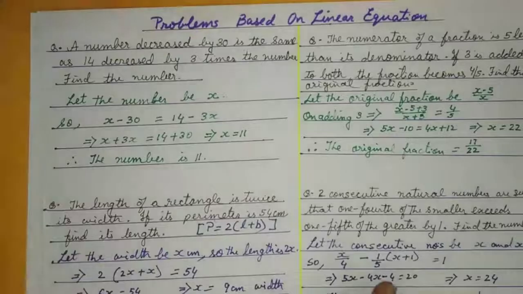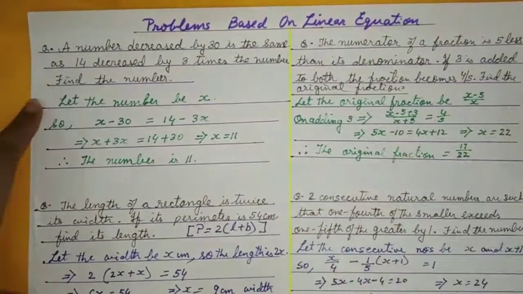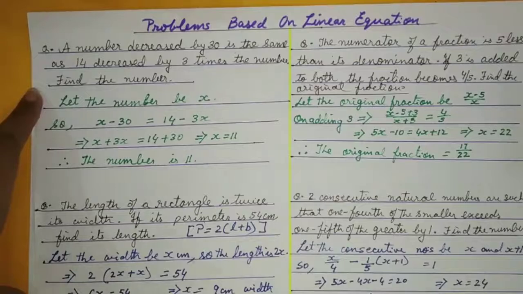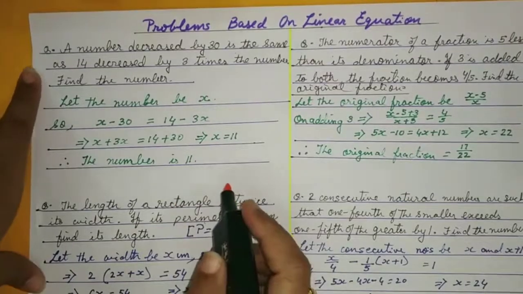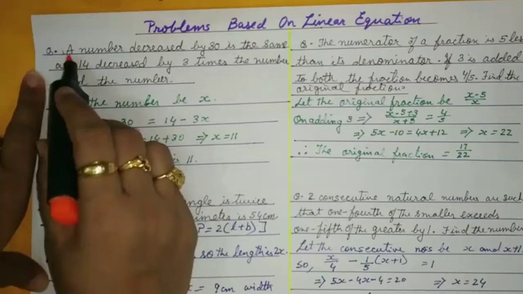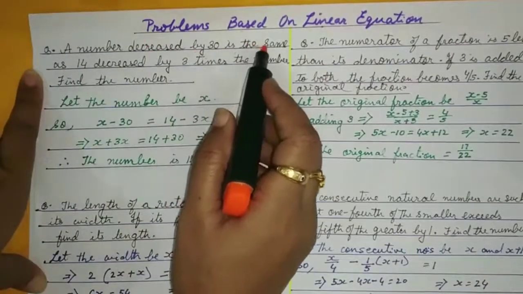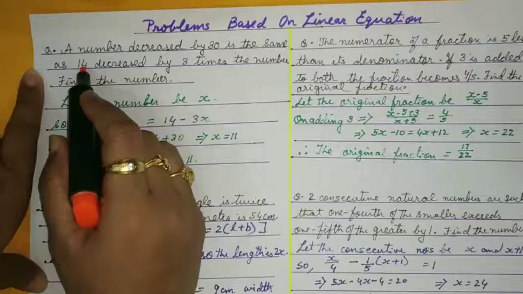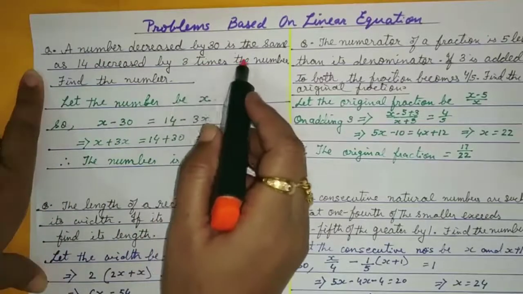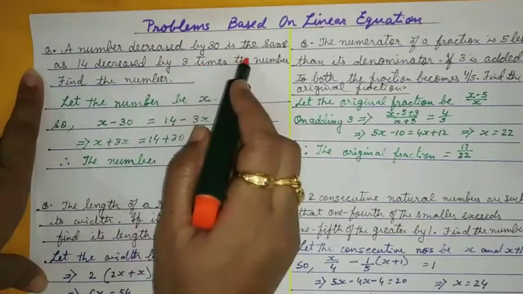Okay, so we go to the problems based on linear equation. Very interesting, children. Please pay attention over here. Suppose the question says a number decreased by 30 is the same as 14 decreased by 3 times the number. So we write the equation as mentioned.